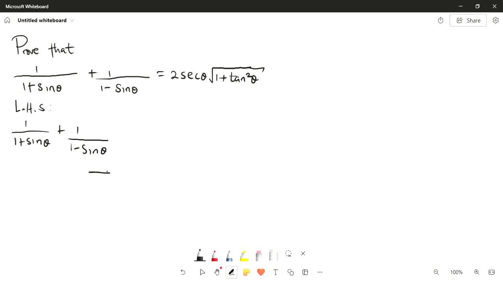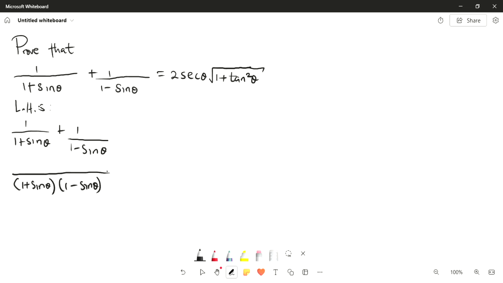So the common denominator is simply the product of the two denominators, which in this case is 1 plus sine theta times 1 minus sine theta. So now when you divide 1 plus sine theta into the common denominator, you'll be left with 1 minus sine theta.